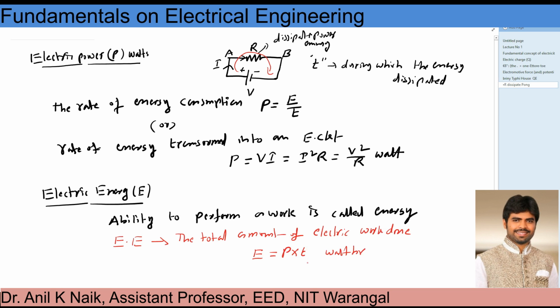Watt hour is the unit for this electrical energy. So these are the very basic terminologies we went through in this session, and I think you have understood all the basic terminologies: what is charge, current, potential, electric power, and electrical energy. In the next class, we will deal with some basic electrical elements and Ohm's law.